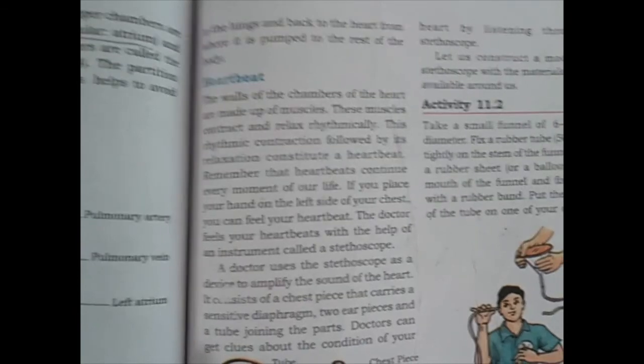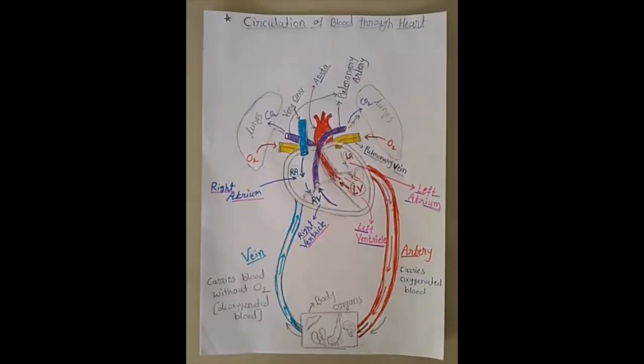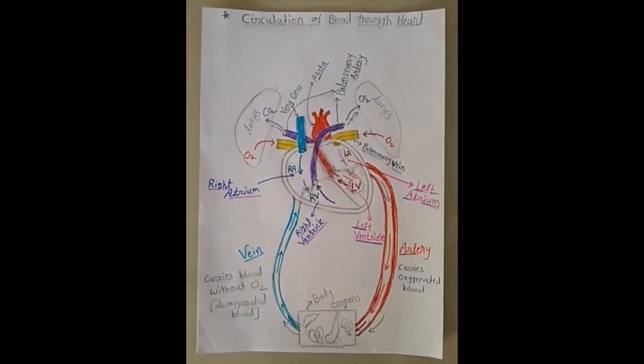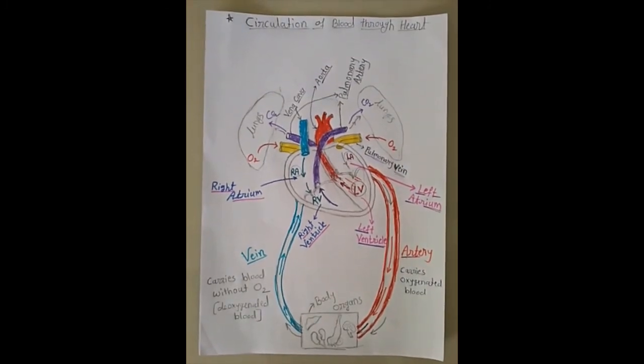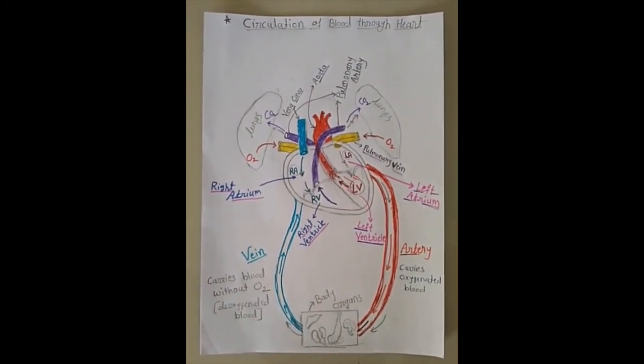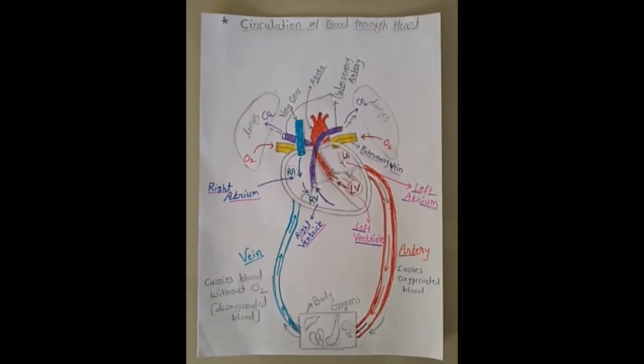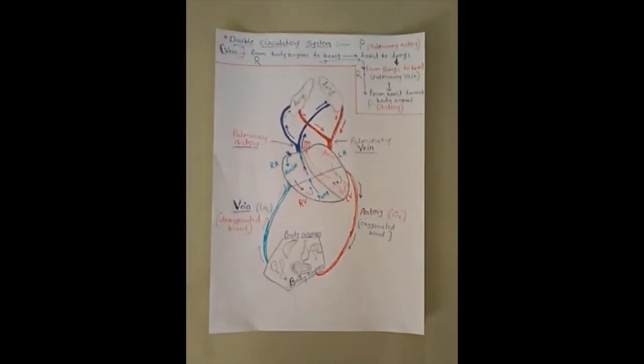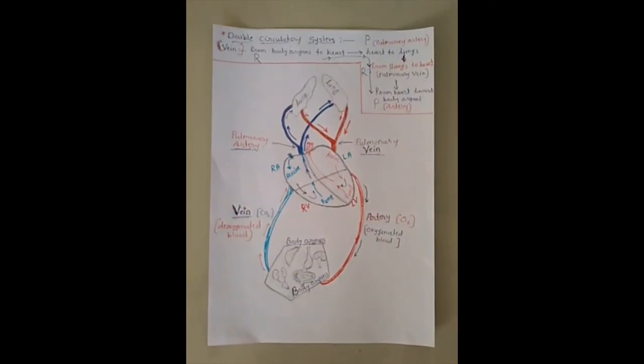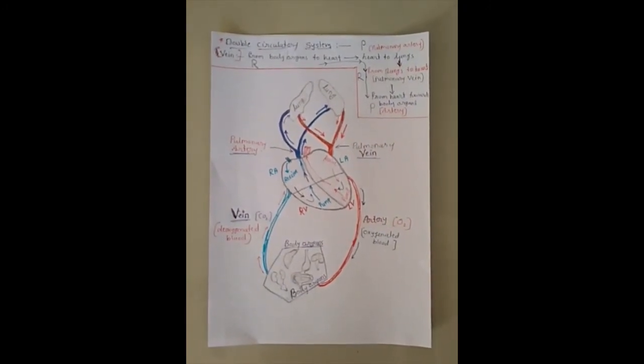Thank you. This is the diagram of the circulatory system. You can understand the labels from this diagram, and you can draw it in your notebook as well. This is the easy diagram of the circulatory system.